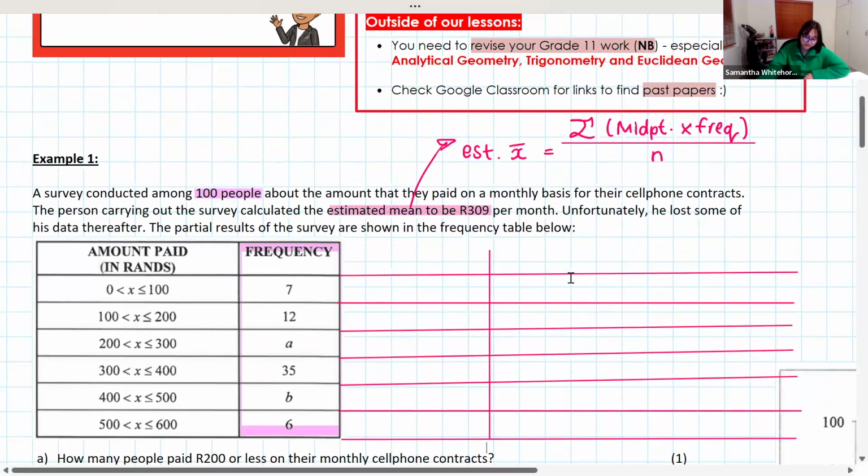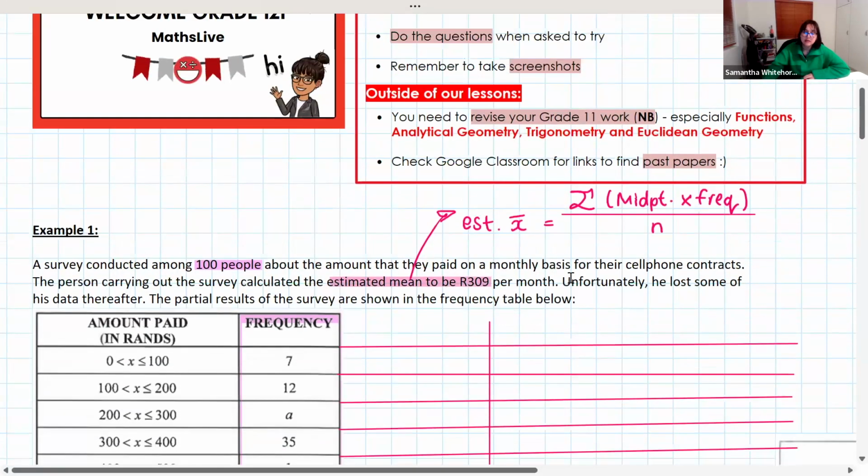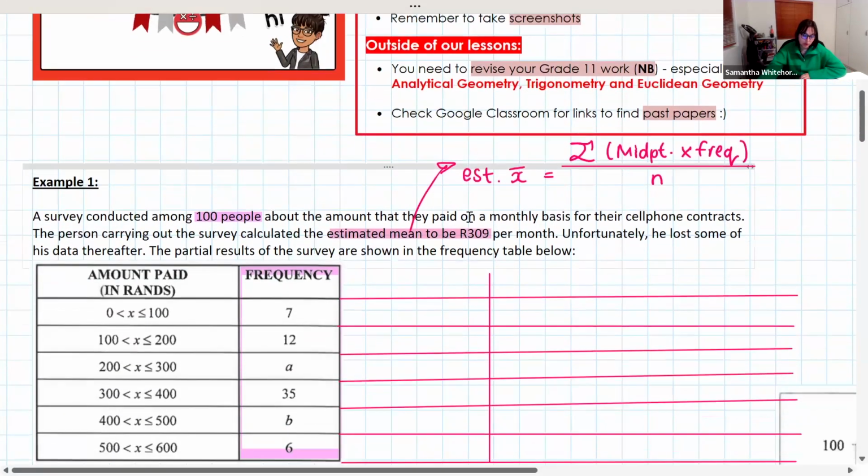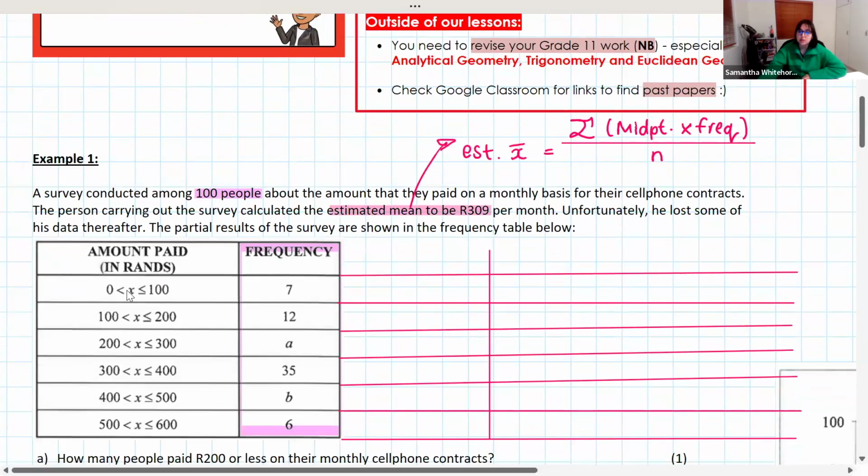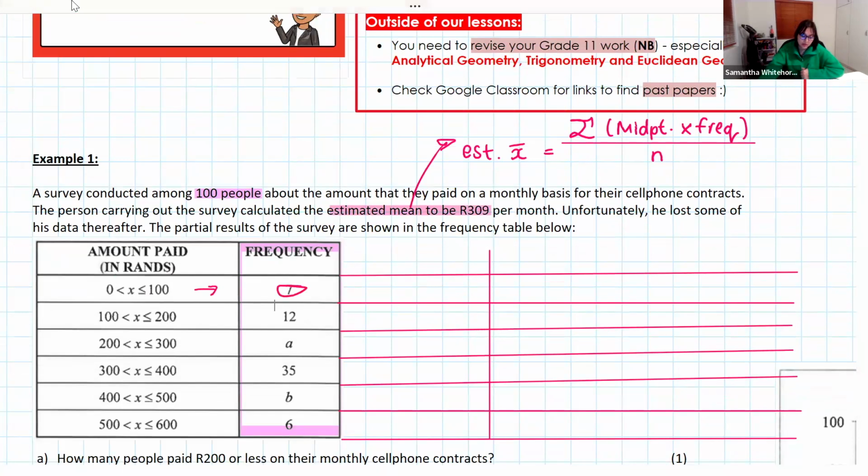Right, so estimated mean, we don't know the individual data points in each of my intervals. So what I mean by that is, in this first interval, I know that there are 7 data points between 0 and 100. I have no idea what they are.